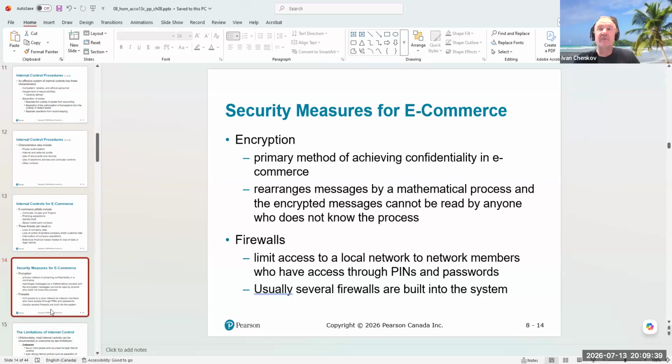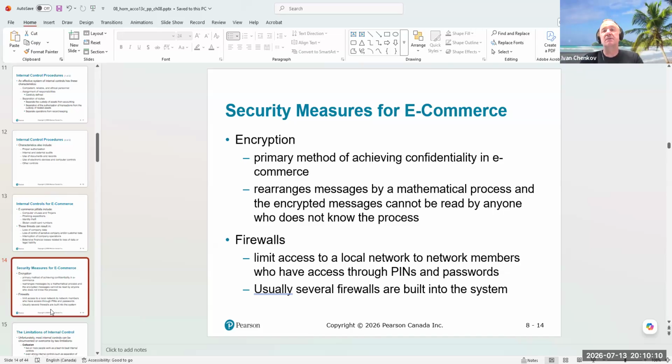Encryption. In order to prevent those e-commerce threats and possible outcomes, the simple thing is to put in encryption, which is a method achieved by confidentiality. Rearranging the messages, that's another way of encryption, by a mathematical process which is monitored by certain software. Put in the firewall.